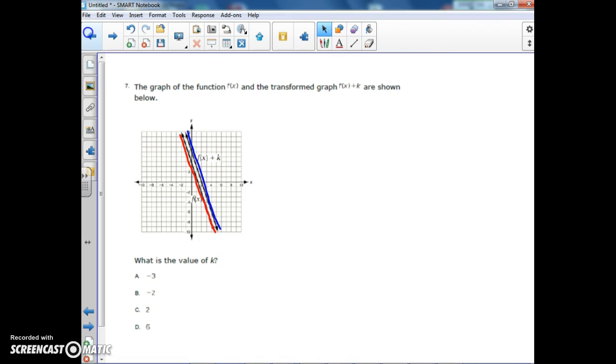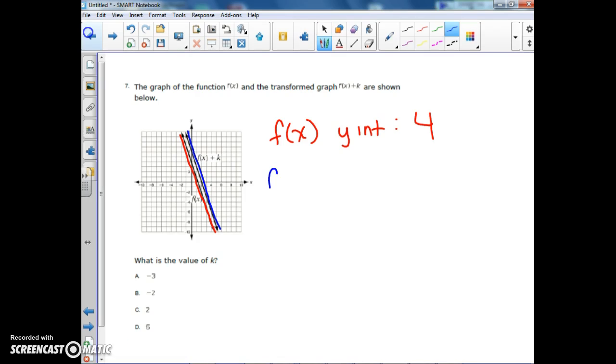Now, f of x hits the graph at 4, so f of x has a y-intercept of 4. And f of x plus k hits the graph at 6, so f of x plus k has a y-intercept of 6.